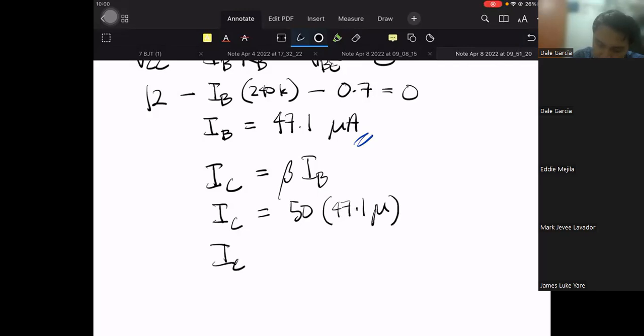So IC is more or less equal to 2.35 milliamperes. Directly multiply by 50. Same answer, 2.35 milliamperes.